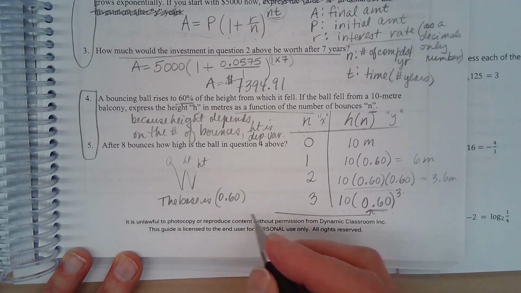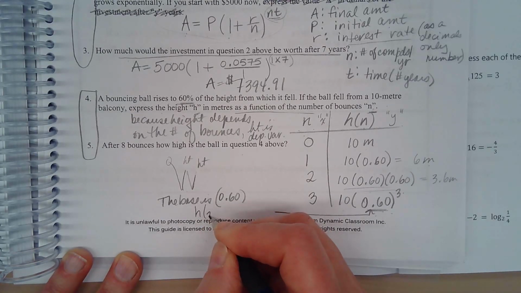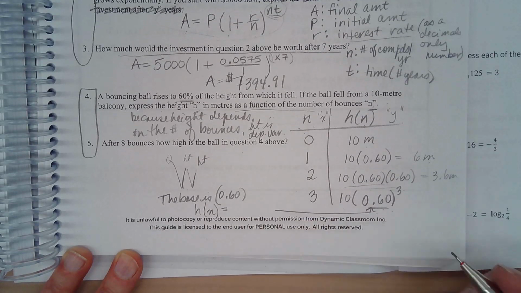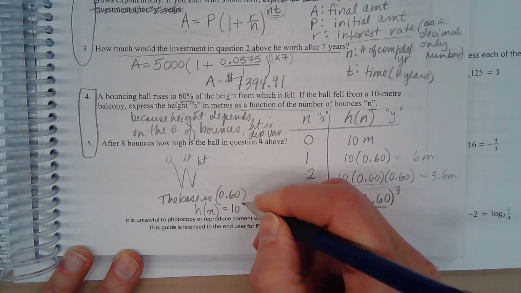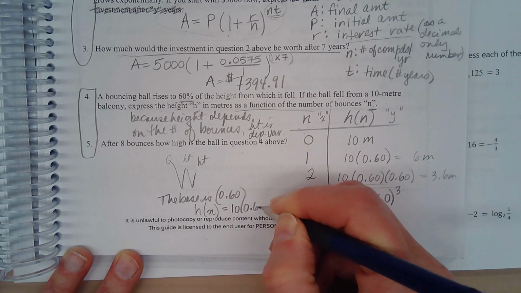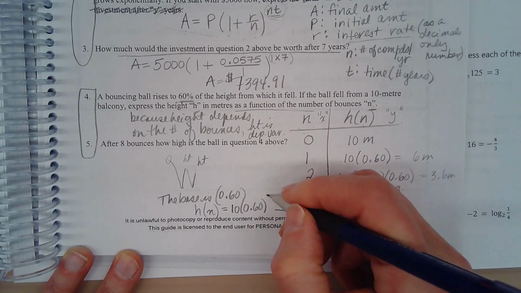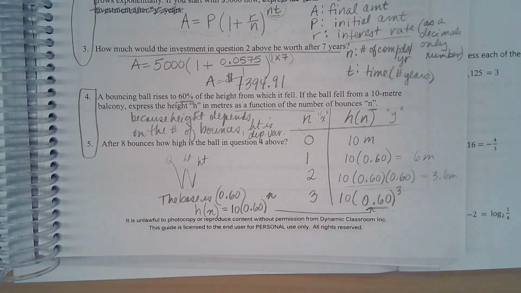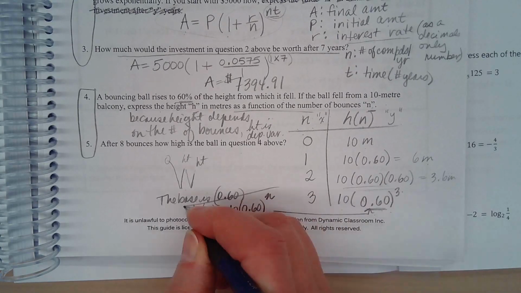So wouldn't it be h of n equals, the initial height was 10, this is my base, and that's my exponent, right, n? So the height of the ball at any given time would be equal to 10 times 0.60 raised to the power of n, because n is the number of bounces. All right, so that's the equation.